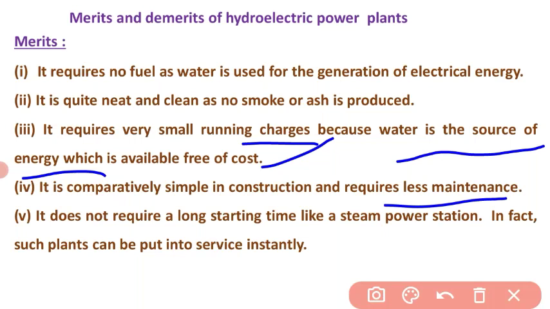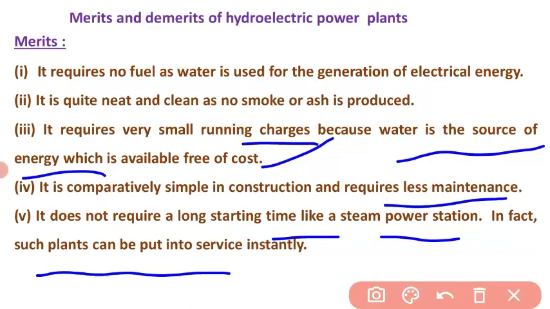Fifth one, it does not require a long starting time like a steam power station. In fact, such plants can be put into service instantly. Whereas if you compare with a coal or thermal power plant, first you need to burn the coal and the water gets heated in the boiler, then the steam is taken to the turbine, the turbine rotates and mechanical power is generated, which is coupled to the alternator and power generation is done.